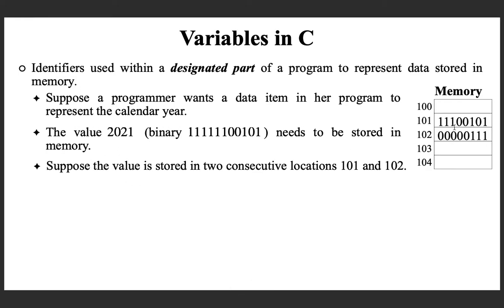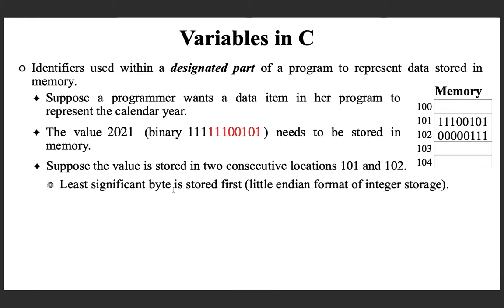The binary string is stored in these 2 bytes, and it is stored like that because the least significant byte, the least significant 8 bits from the right side, is stored first.